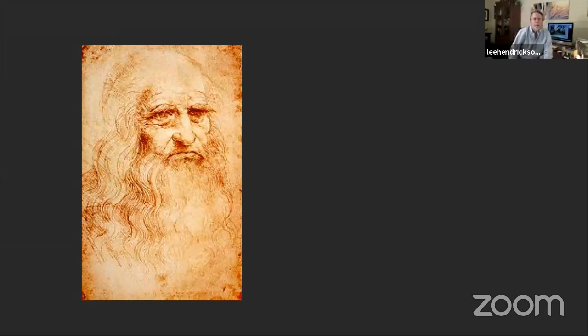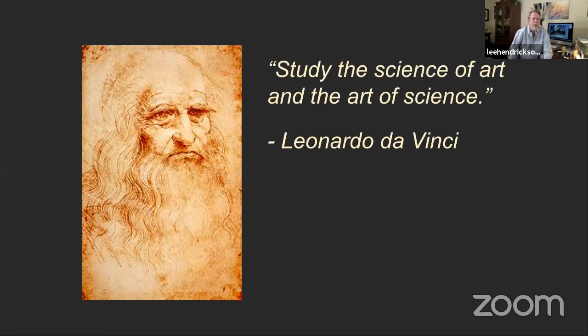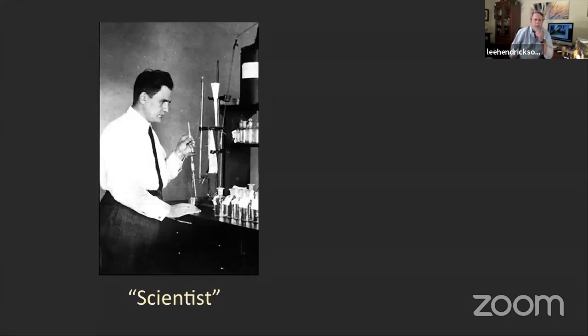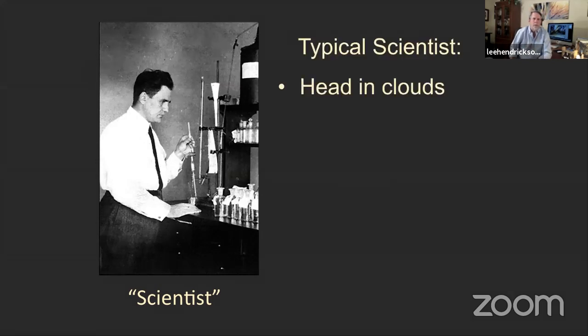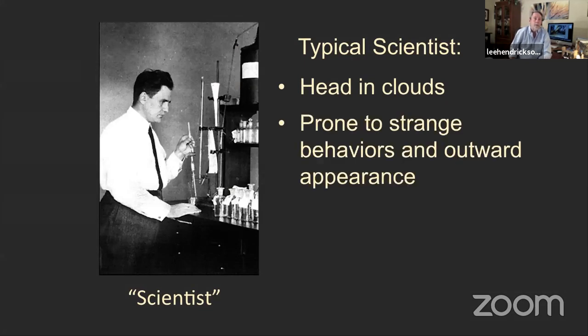Okay. Now, Leonardo da Vinci was the classic artist scientist. What he said was study the science of art and the art of science. When we look at scientists, a typical scientist would be head in the clouds, prone to strange behaviors and outward appearance, and very creative.